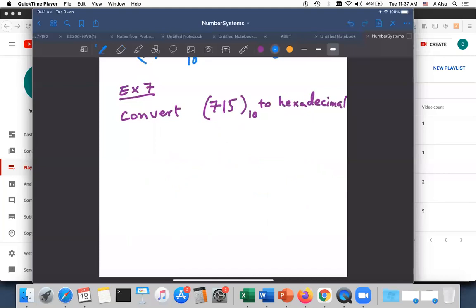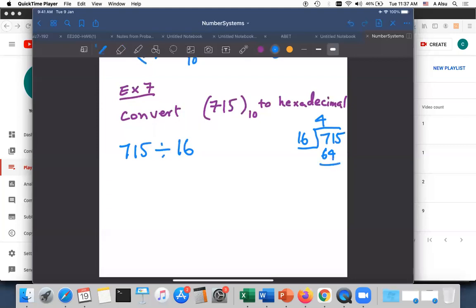The first step is to divide 715 by the target base, which is 16. 715 by 16, and the answer is 4. 4 times 16 is 64.